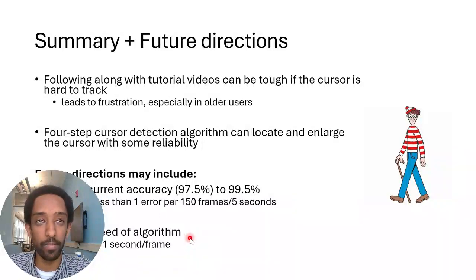But the algorithm does work for the most part, and hopefully it solves that problem. And we don't have to treat tutorial videos like a Where's Waldo puzzle, and things are easier to follow along with. So yeah, that's the project, and I hope to improve it in the future.